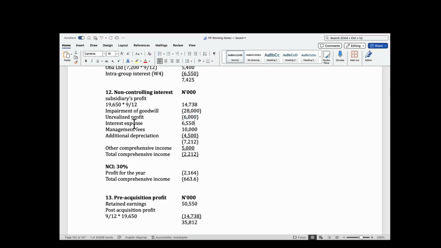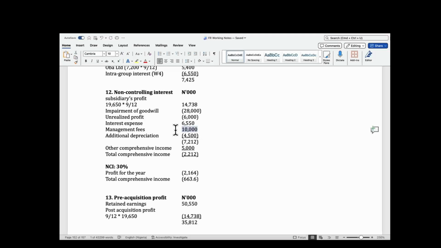But all these ones that I'm canceling out, this interest expense is just a mere cancellation, in the sense that this interest expense was deducted in deriving the profit of the subsidiary. I'm saying, no, don't do that. Cancel it out. So I'm adding it back. It's like a reversal of what they had done to neutralize it. It's already deducted. Now I'm adding it back. So that's what I'm doing with these intra-group transactions here.